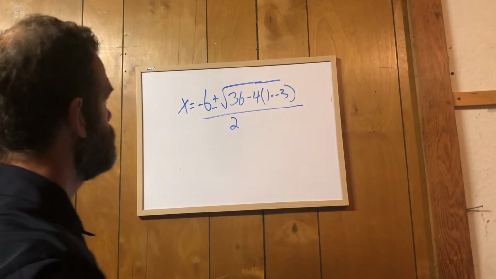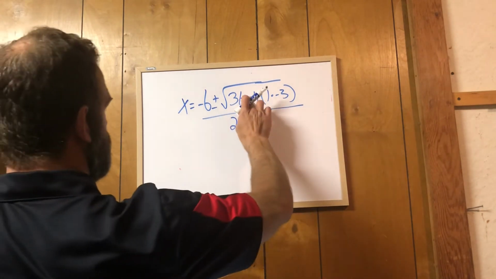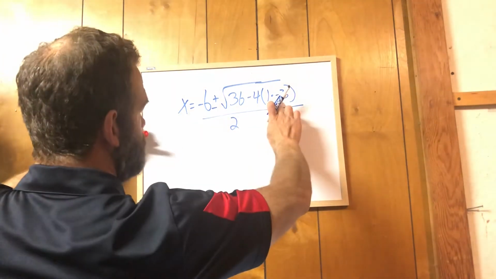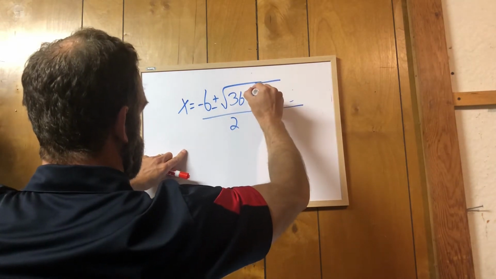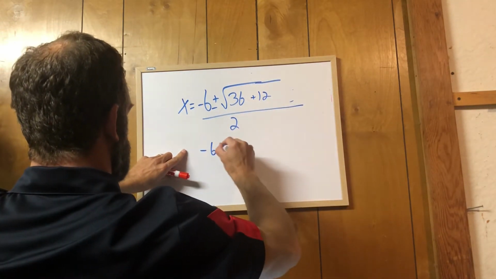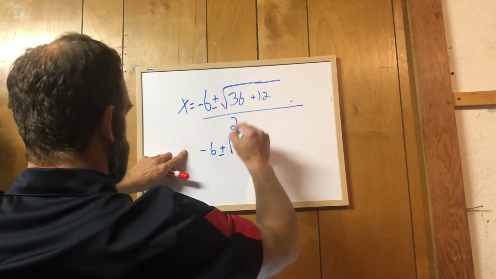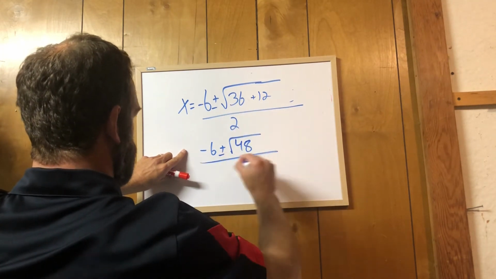There it is. So, negative 4 times 1 times negative 3 is positive 12. Negative 6 plus and minus the square root of 48 all over 2.